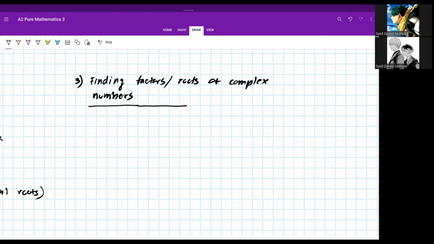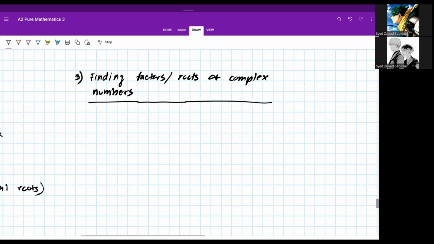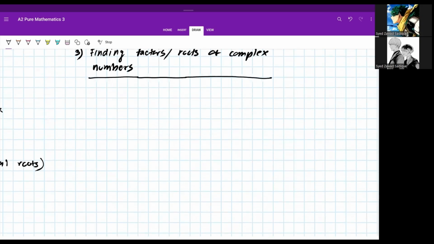Before we move further, you should understand the difference between root and factor. x minus 2 is a factor, and x equals 2 is a root.